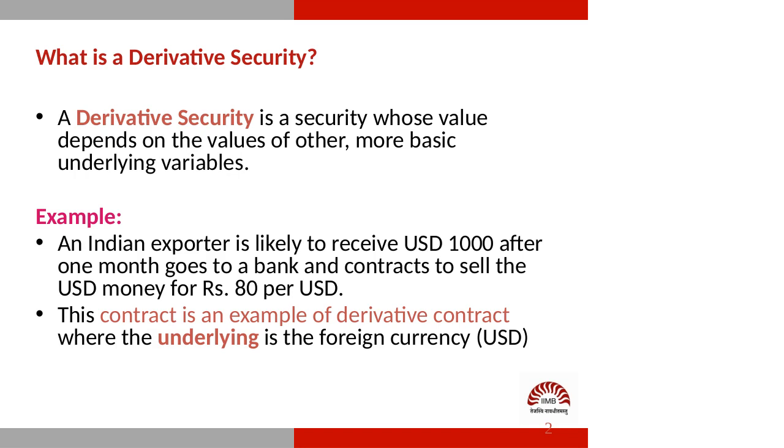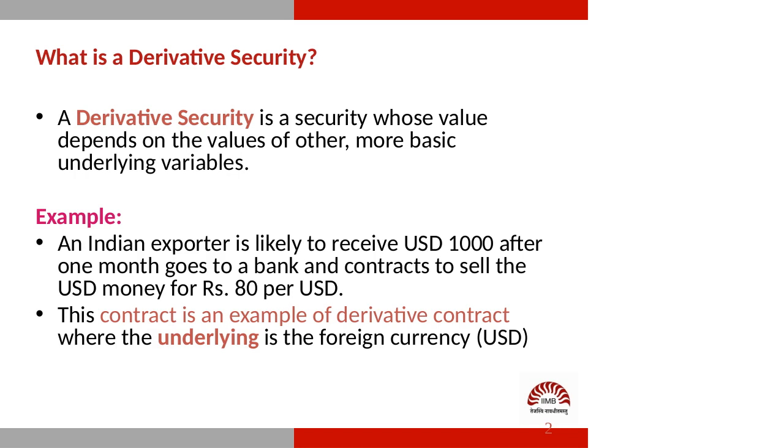Now, look at this. This is a simple example where the foreign currency is the underlying variable. I've just taken an Indian example. If you want, you can replace it with a Vietnamese exporter or a French exporter or anything, it doesn't really matter. You are likely to receive $1,000 after a month, and you want to lock in your position.